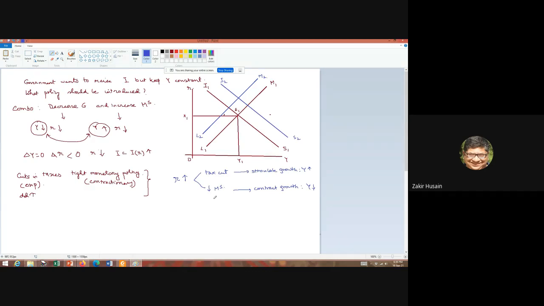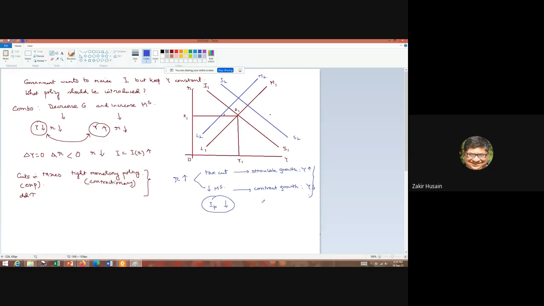The rate of interest goes up and private investment is declining. Okay, so you can have growth. In fact, growth can even go down. There are three possibilities. The net effect may be that income can go up, income can remain same, or income can even fall.